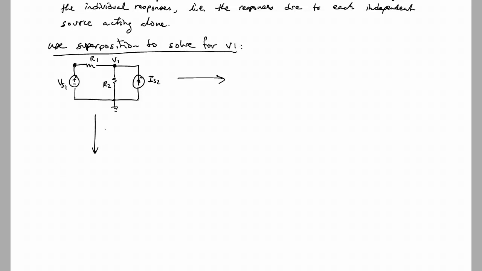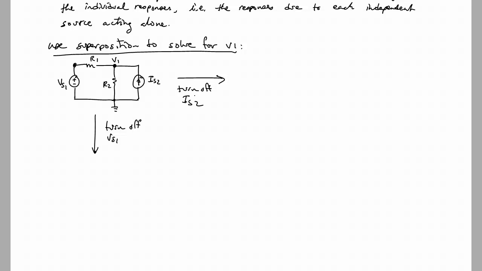So in one case, we're going to turn off VS1. In the other case, we're going to turn off IS2. So first, we'll redraw the circuit with VS1 and IS2 turned off. And one of the gotchas initially for students learning this is, what does it mean to turn off a voltage source?